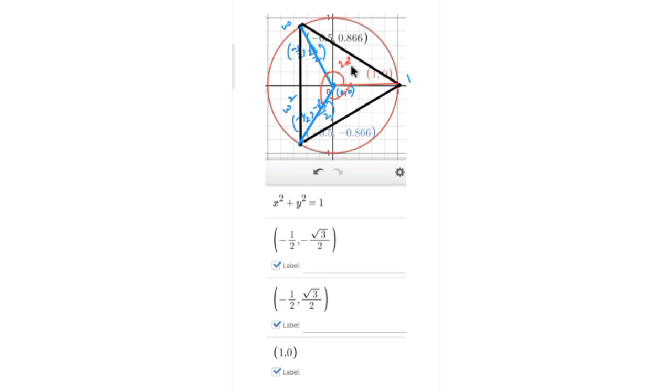Equal angles, 2 pi by 3, 2 pi by 3 and 2 pi by 3. When you add them up, you get 2 pi, that is 360 degrees, right? So by using circle properties in geometry, we can find these to be 2 pi by 3 each.